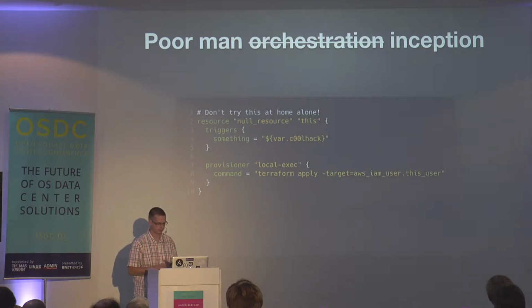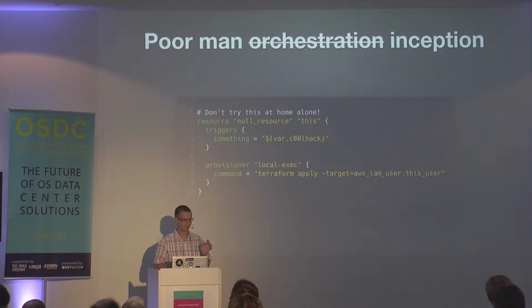So if you may think that orchestration is this, then this is not this. Calling Terraform from Terraform is just inception, right? It's not orchestration. I tried this code, it works, but I don't want to even use it.